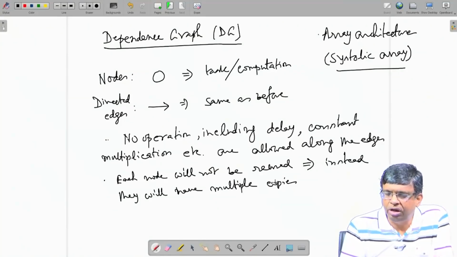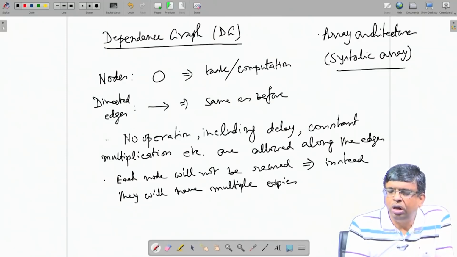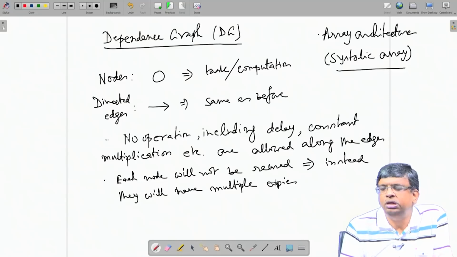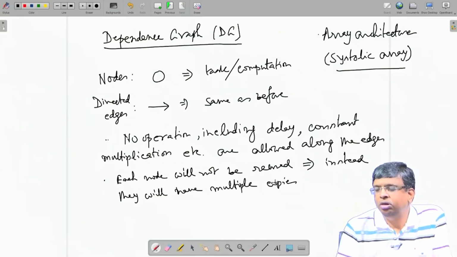Okay, that is why it is very good for VLSI realization. Also all connections are local, you do not have to take a wire and route it through the network. All local connections, very little propagation delay, and you can pipeline all the edges, putting delays. All these things make this dependence graph very useful, because it leads to the final architecture called systolic array or array architecture.